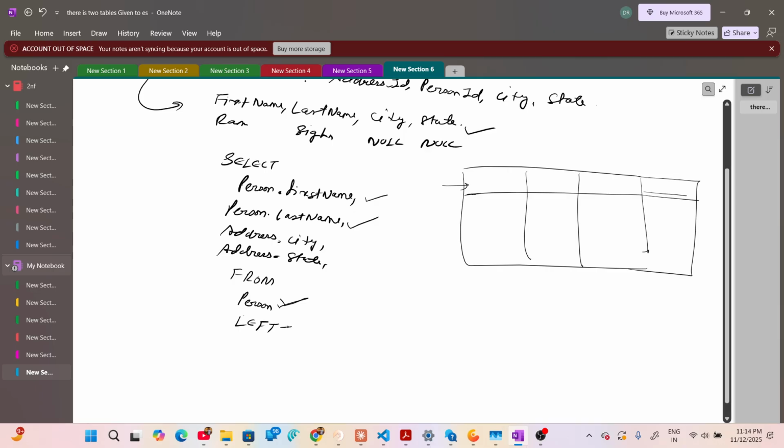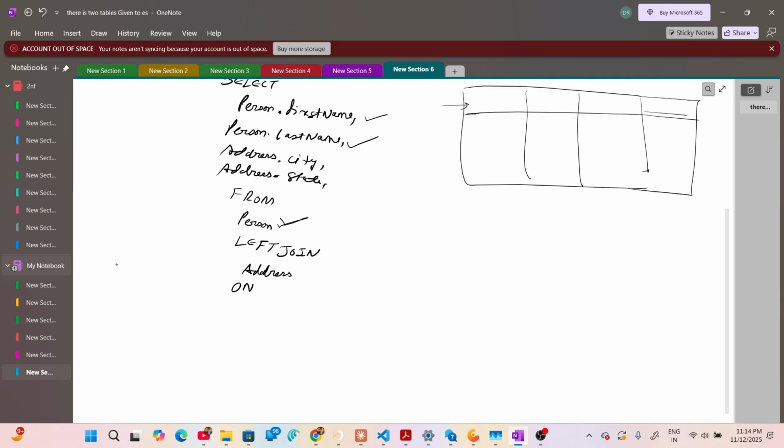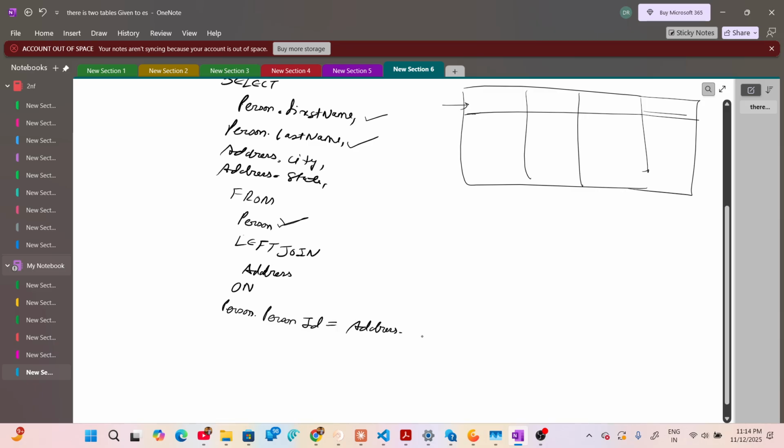Left join Address on, there is something common that both tables have, the person ID: person dot person ID is equal to address dot person ID.